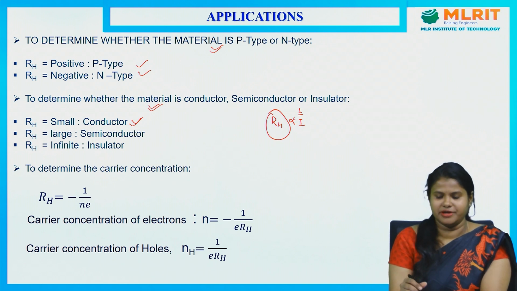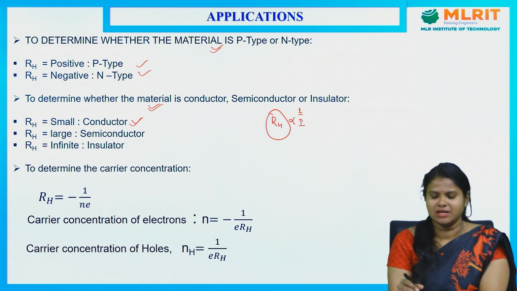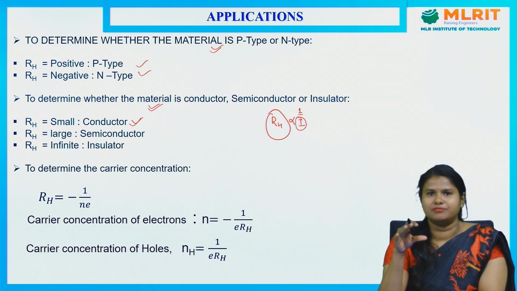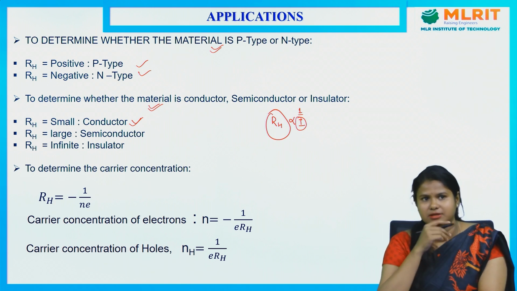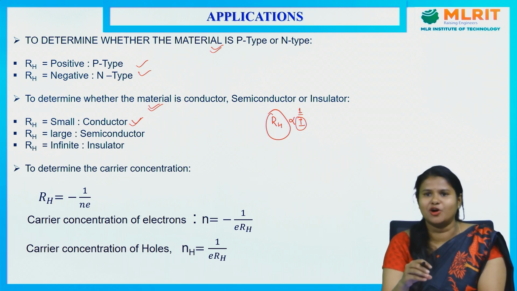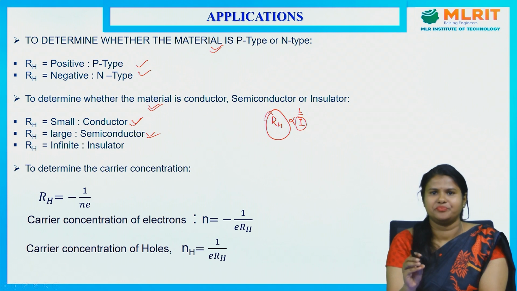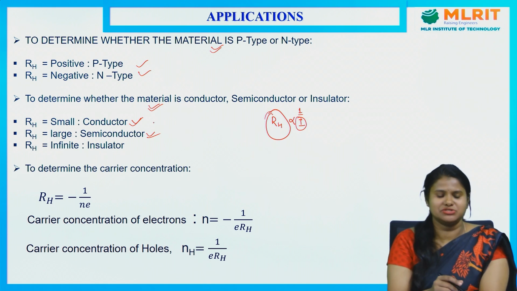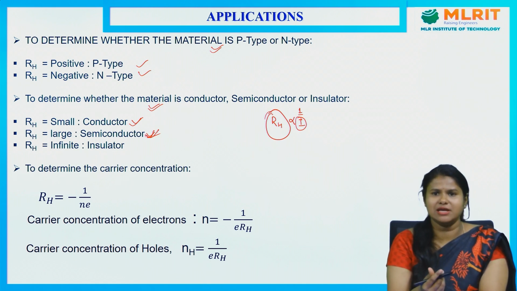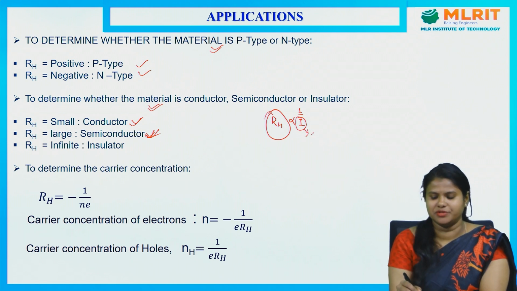If we consider a semiconductor, then we will get an intermediate, smaller value of current. As the denominator is a small quantity, we will get RH as a large value. So, if RH is large, we can say that the particular material is a semiconductor. Again, for an insulator, the current is 0.